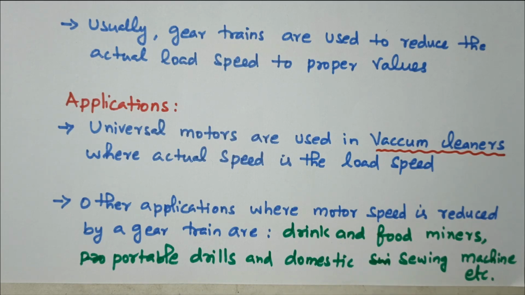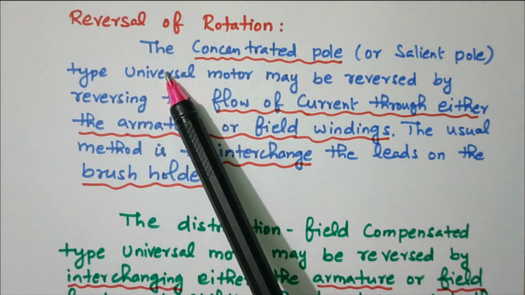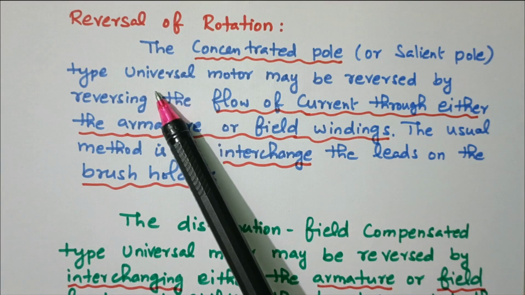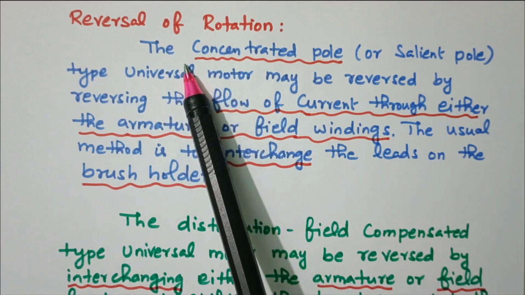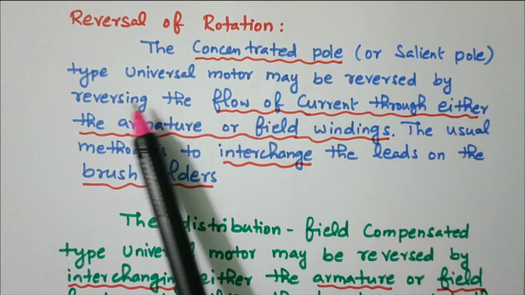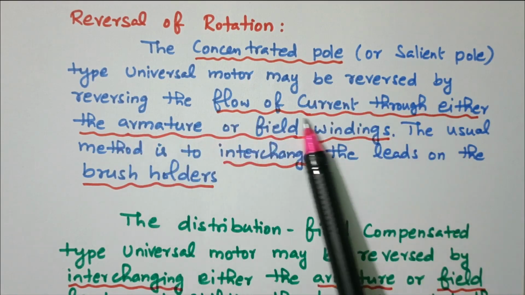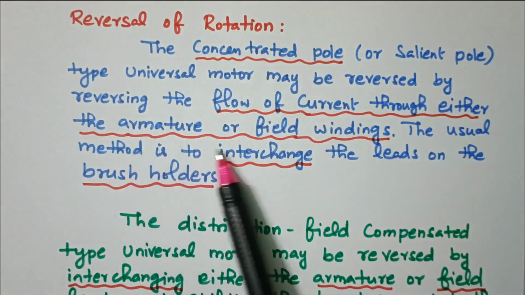Now we'll see the reversal of rotation, how to reverse the direction of the universal motor in case of both AC as well as DC. The reversal is considered for the concentrated type and non-concentrated type. Whether AC or DC, same thing. In the concentrated type or salient pole type, the universal motor may be reversed by reversing the flow of current through either the armature or field winding.